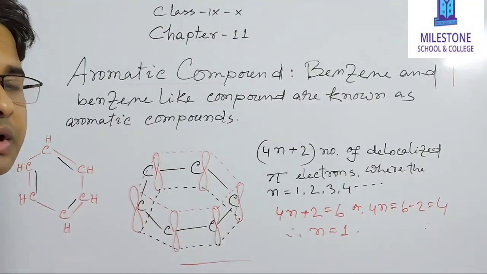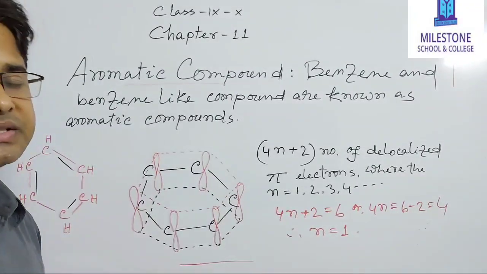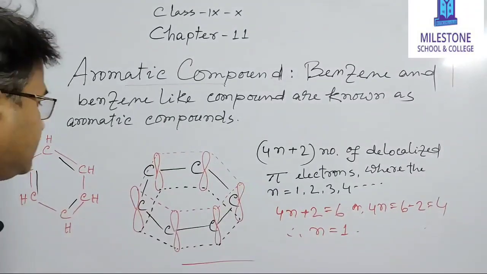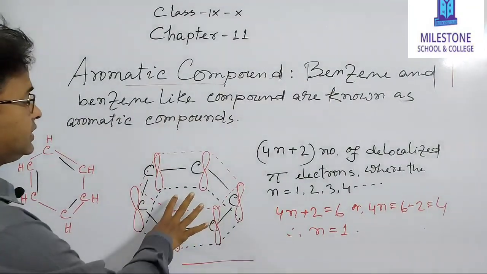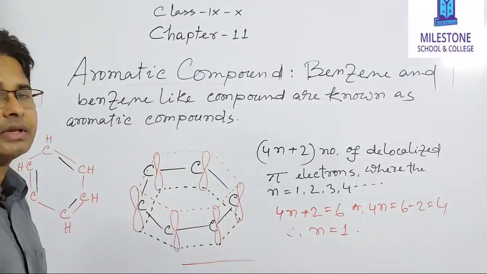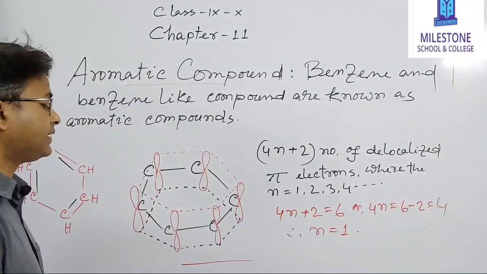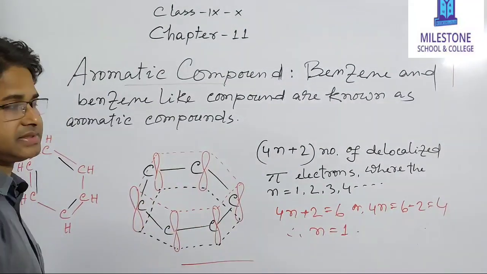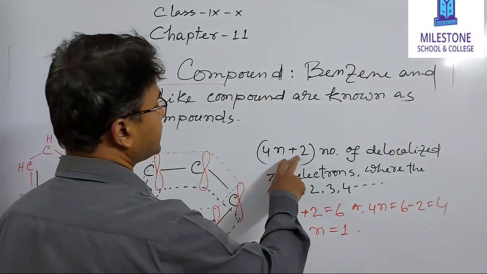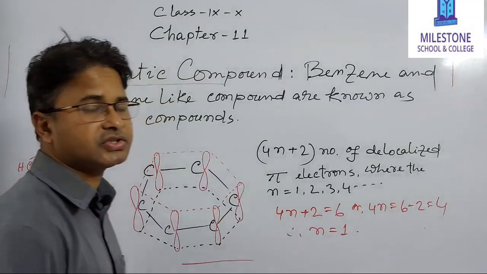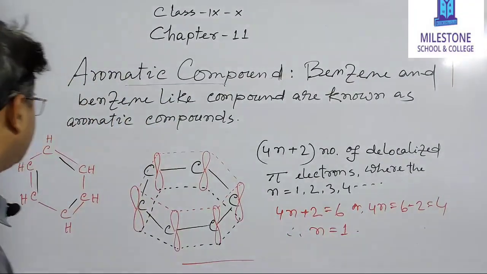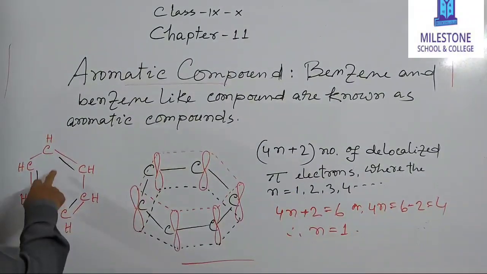Actually, I am telling you the aromaticity, the properties, the conditions of aromatic compounds. So already I have told you the first one: it must be a cyclic compound and coplanar. Second one, it contains 4n plus 2 number of delocalized pi electrons, where the value of n is a whole number.